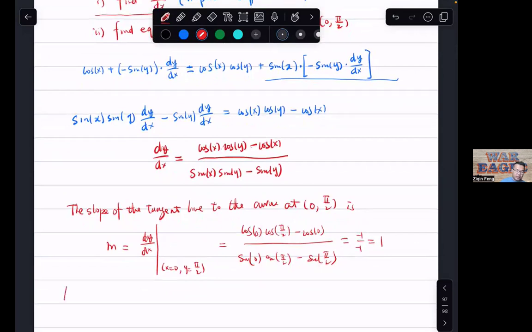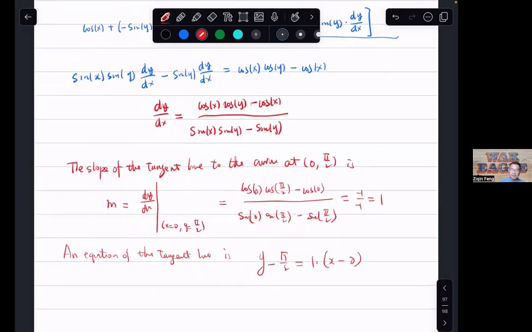So we get the equation. We can use the point-slope form. The equation of the tangent line is y minus the y value, which is pi over 2, equal to 1 times x minus the x value at the point, which is 0.